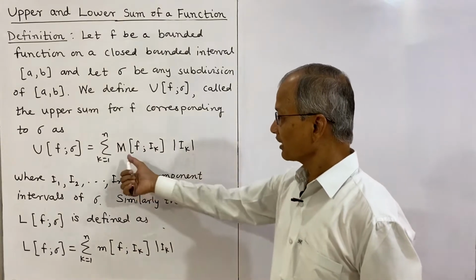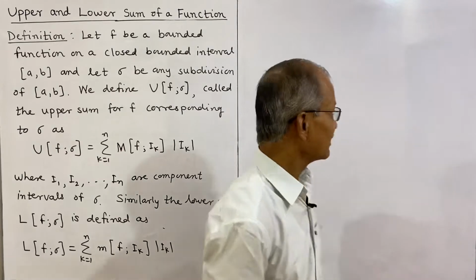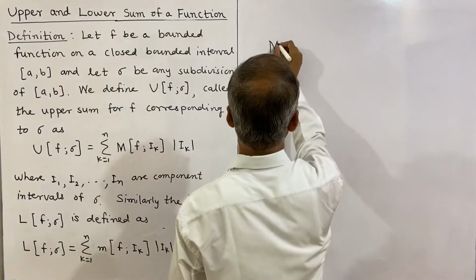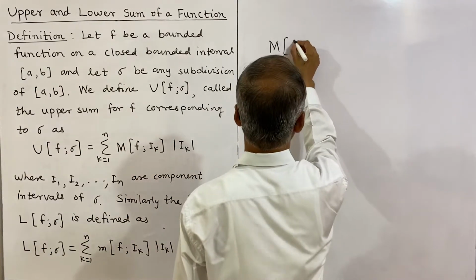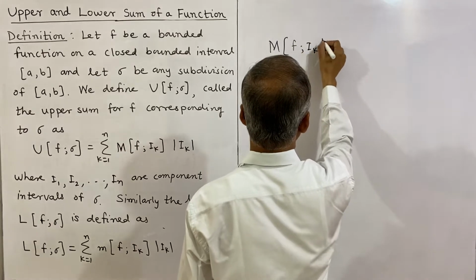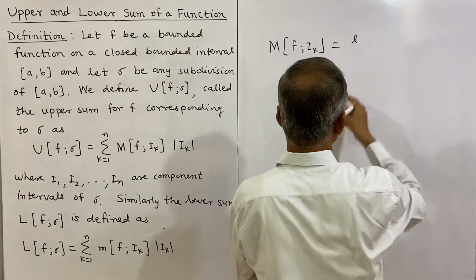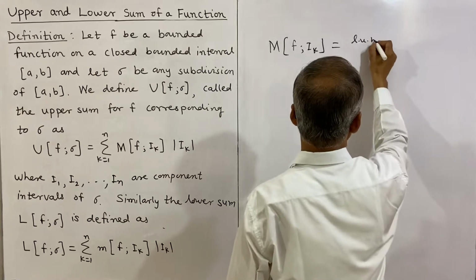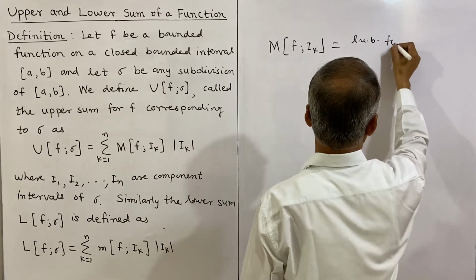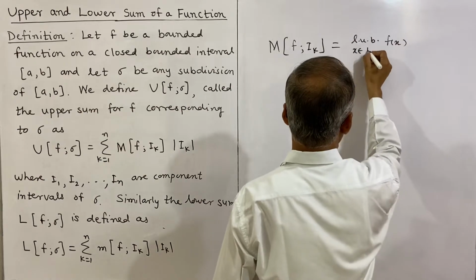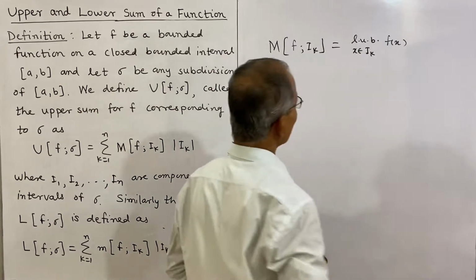Now, what is capital M that we have defined earlier? So, capital M of f on an interval Ik will be the LUB, the least upper bound, of f of x, where x belongs to Ik, the interval. That is the meaning.